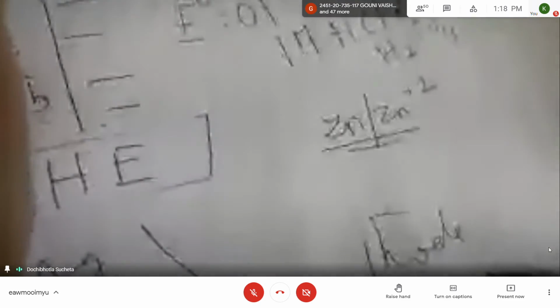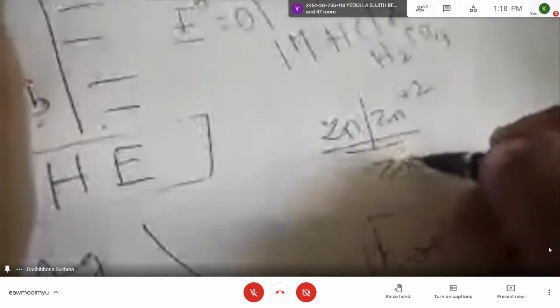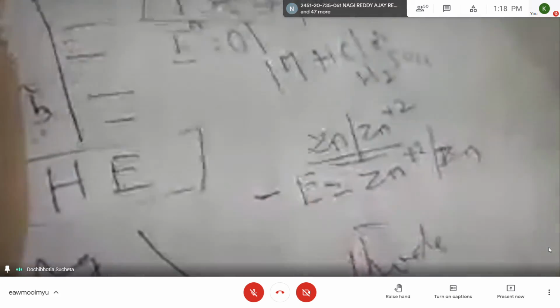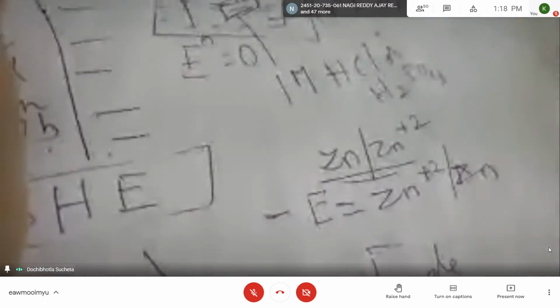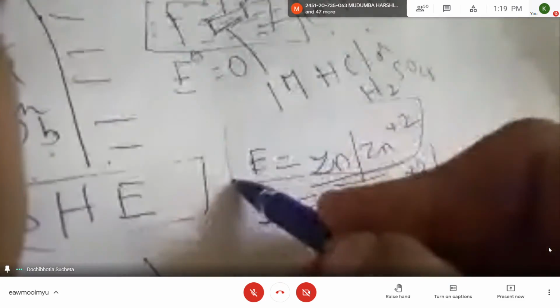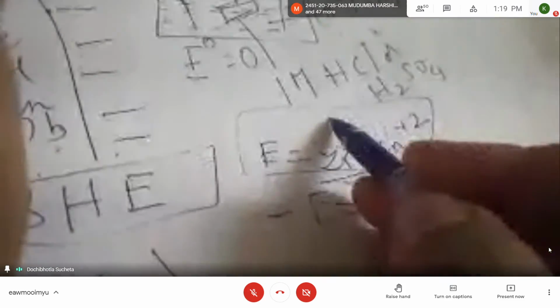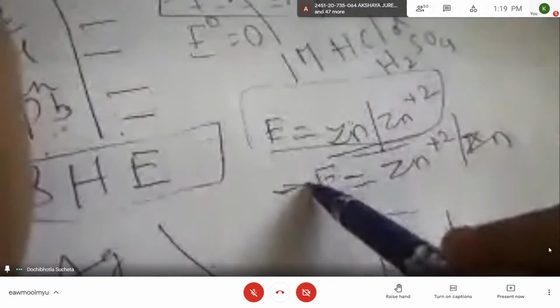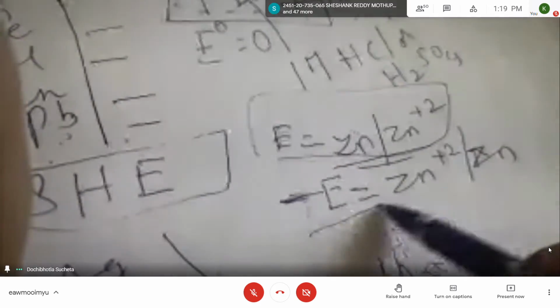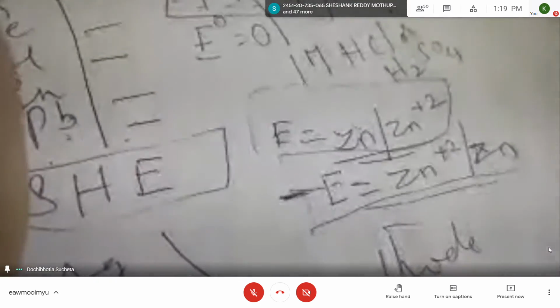Now, if I were to write it as reduction, I'd write it as Zn plus 2/Zn with E minus value. Here E is plus value. This is what is exactly happening, but this is oxidation potential. Now, if I were to write it for reduction potential, I'll put a minus sign, showing that it is reduction.